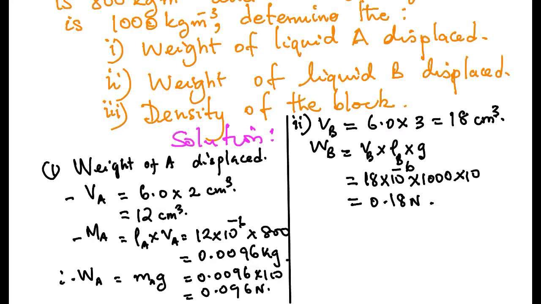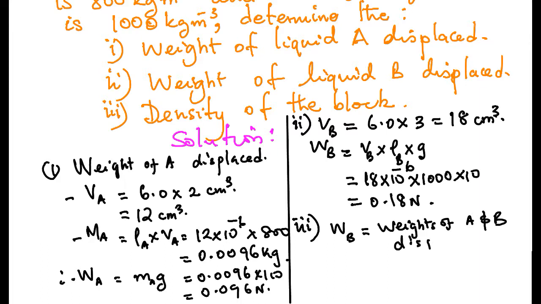Three, density of the block. So from here, the weight of the block is equal to the weight of both liquids displaced. And this is the sum of the two values obtained earlier.